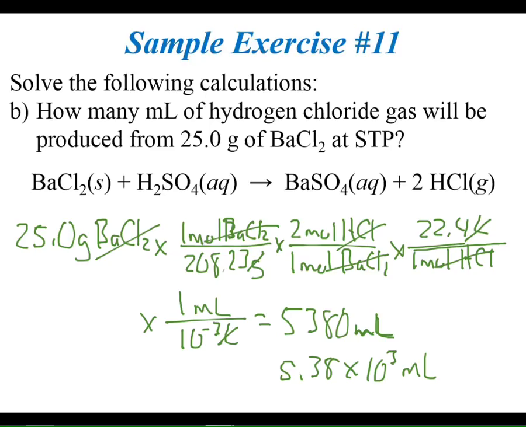You see how we did that? Just like molar mass for mass, just start using molar volume for volume if you're at STP. If you're not at STP, then you have to do it the way I was showing you earlier, using PV equals nRT, find the moles, plug it in, and so on.